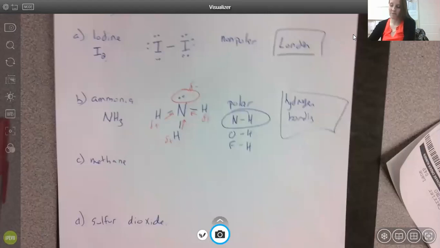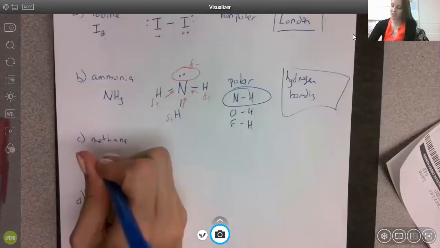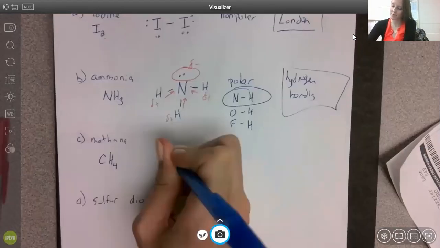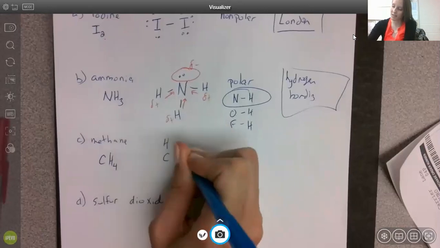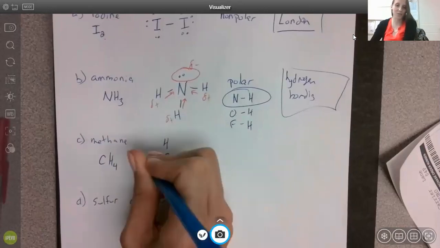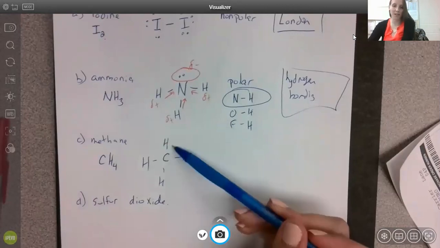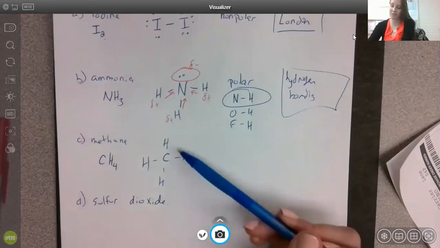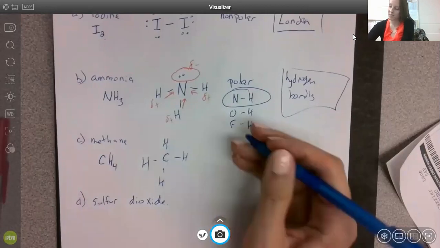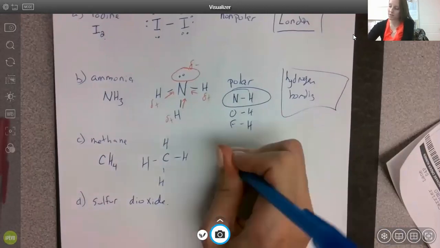Okay, next up we have methane, which is CH4. So if you draw that out, it's going to be a nice tetrahedral shape. Because my central atom has no unbonded electrons and everything around the outside is the same, this is going to be nonpolar.